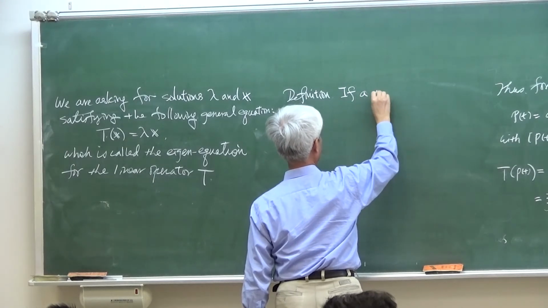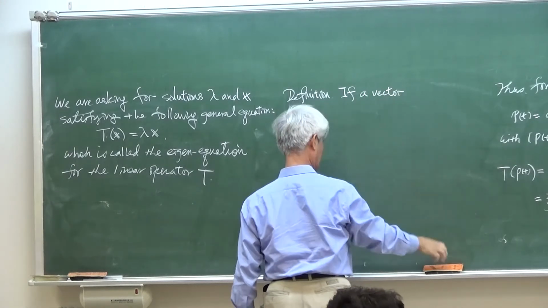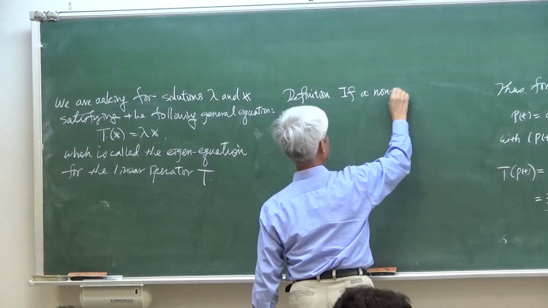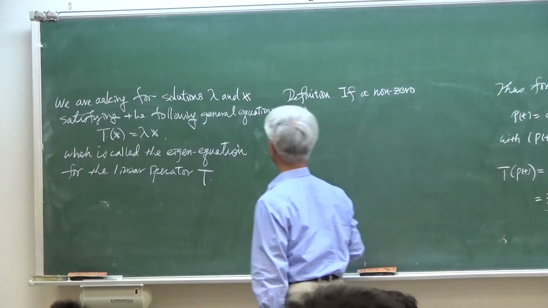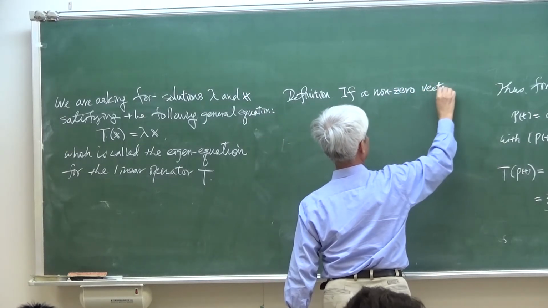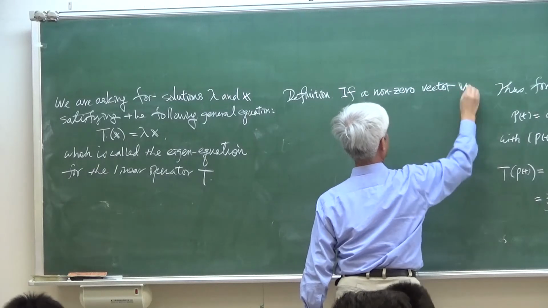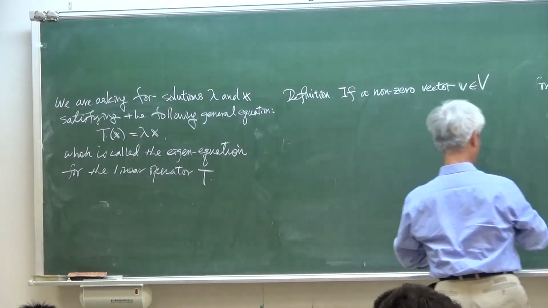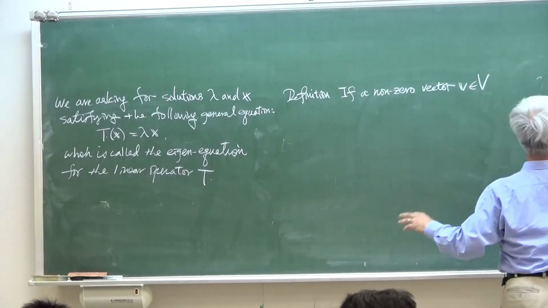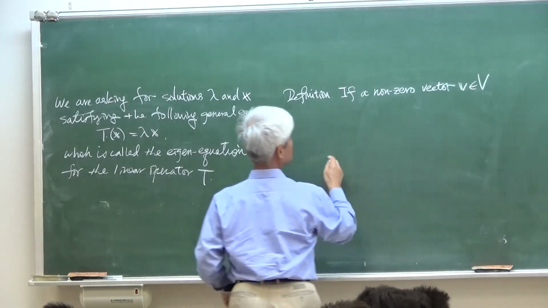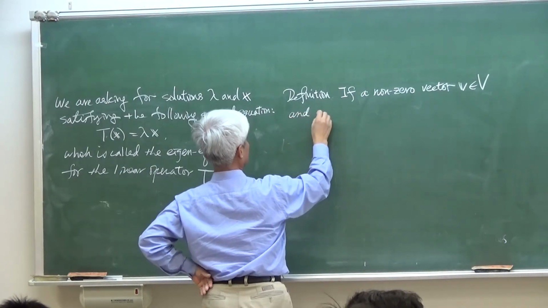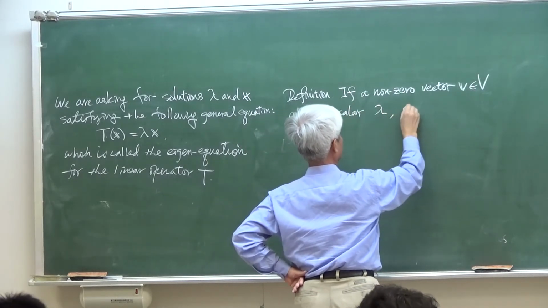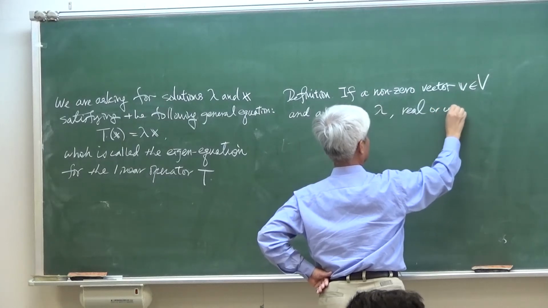Now, a non-zero vector v and a scalar lambda, real or complex.